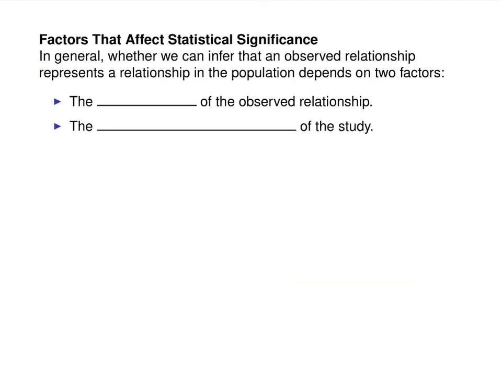Now that we've done a test for statistical significance, we also should discuss some factors that influence it. In general, whether we can infer that an observed relationship represents the relationship in the whole population depends on two things. First of all, it depends on the strength, as in how different are those row percentages. And the second thing it depends on is the sample size.